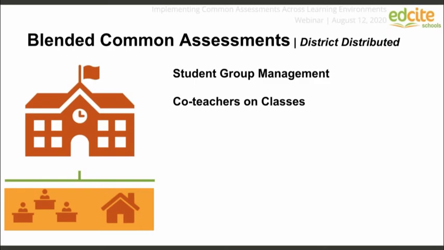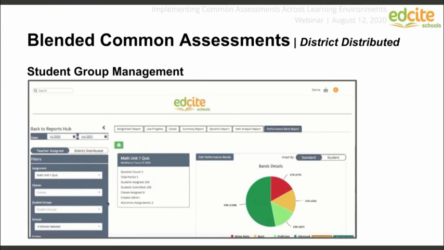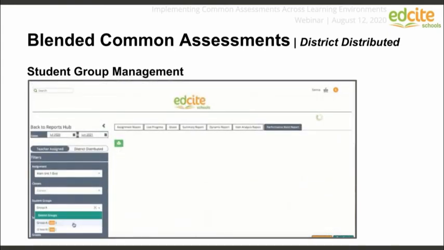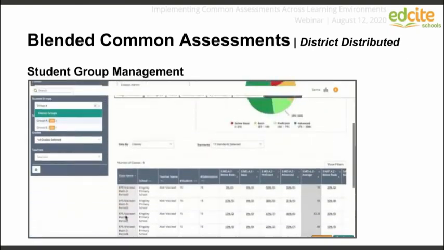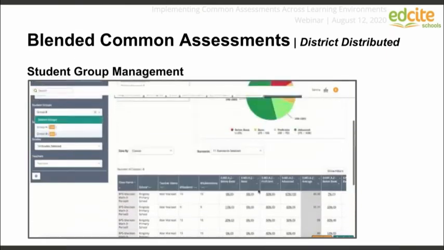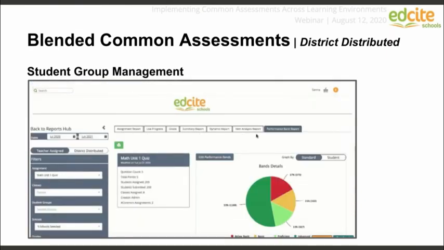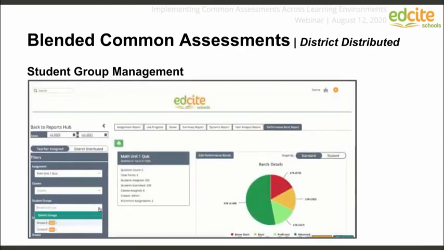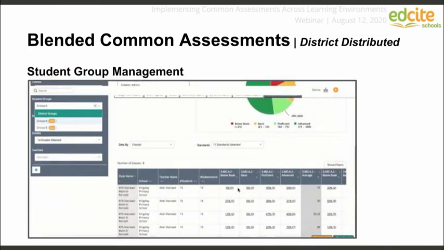When I'm talking about student group management, I'm talking about being able to view data, whether it's the live progress implementation or it's viewing data at the end of reports by group. If I have students that are coming on A days and students that are coming on B days, within the Edcite Schools account, I can create student groups.